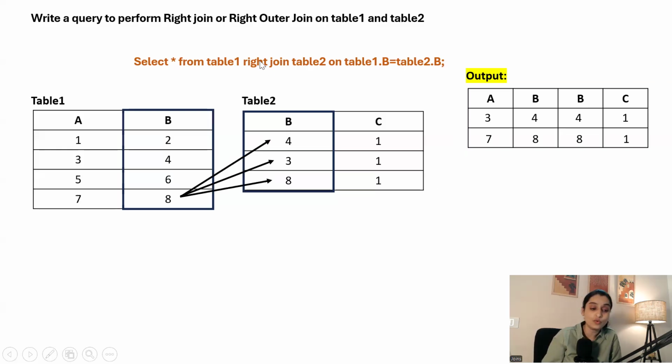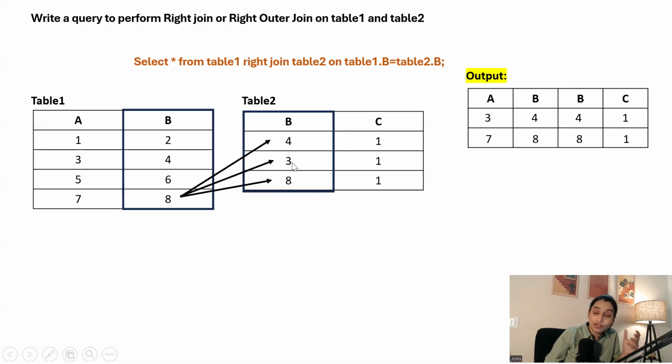Now check which is the right side table. Right join I have written over here: table 1 right join table 2. So table 2 is present at the right side in this query. Wherever we have mentioned right join, check the right side is table 2. In table 2, if you carefully observe, for 4 we found one match in table 1.